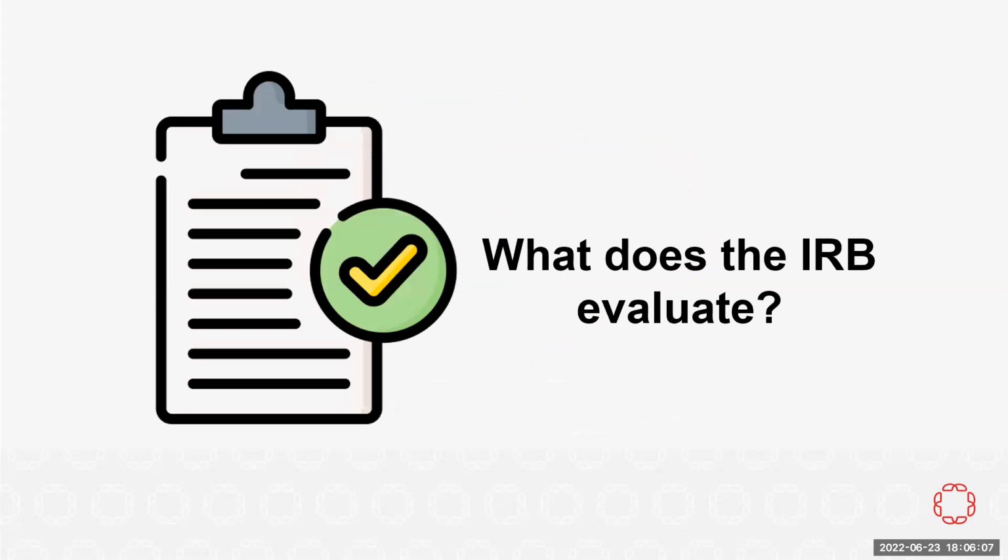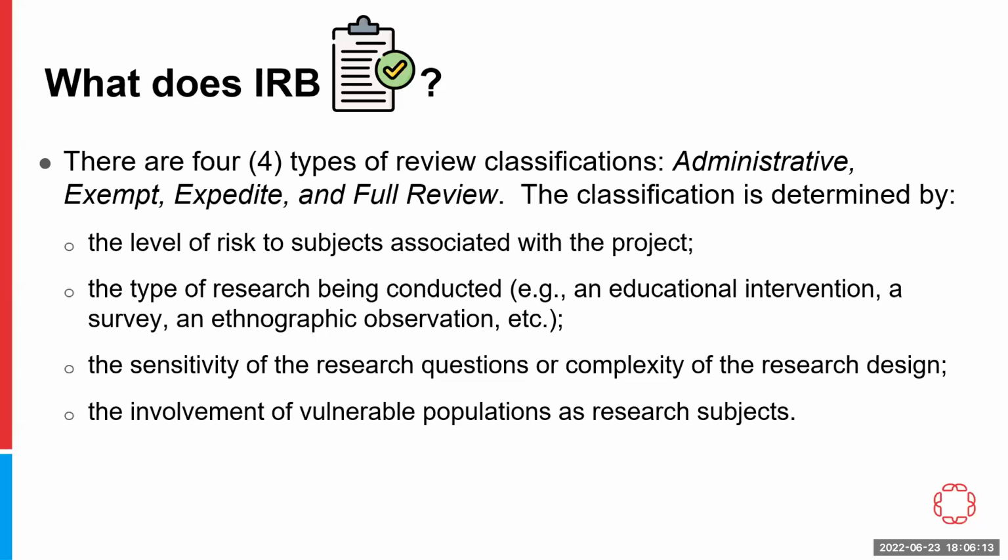So what does the IRB evaluate specifically? Let's start by saying that the IRB has four different types of review classifications: administrative, exempt, expedited, and full review.